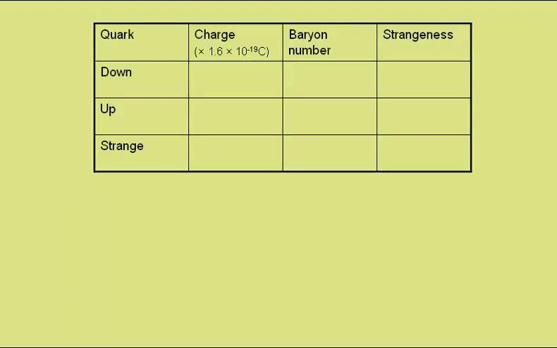There are 3 properties of quarks you need to be familiar with. However, you don't need to remember them, as they are quoted on the datasheet. First, charge, which is quoted in terms of the magnitude of the charge on the electron, 1.6 times 10 to the minus 19 coulombs. The down quark and strange quark both have a charge of minus 1/3, whereas the up quark has a charge of plus 2/3.